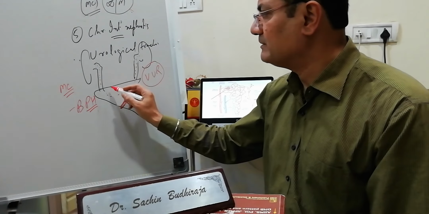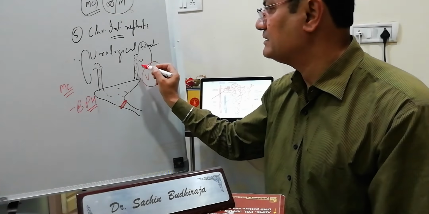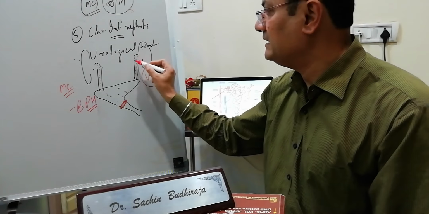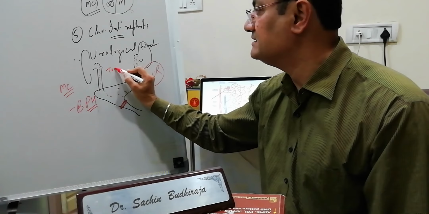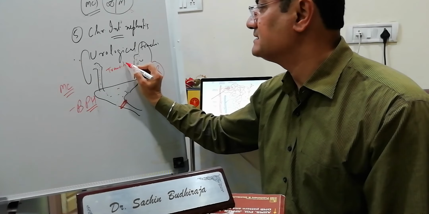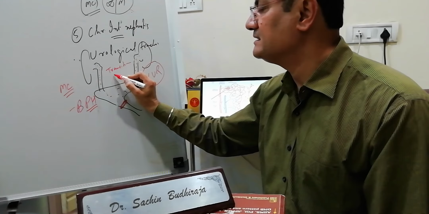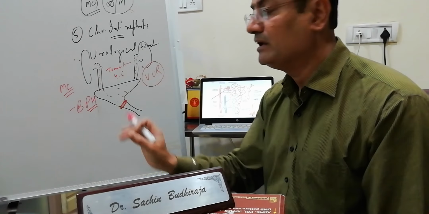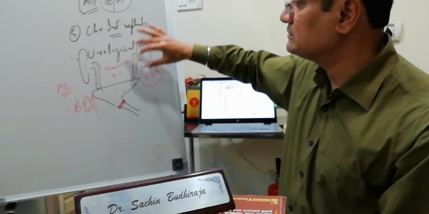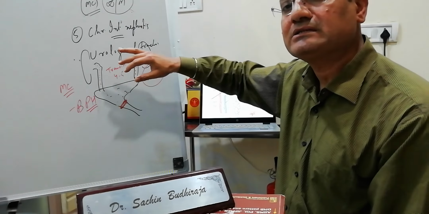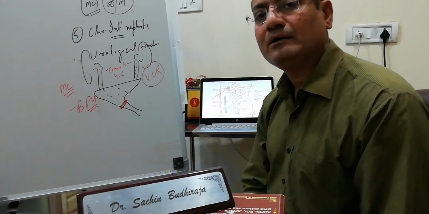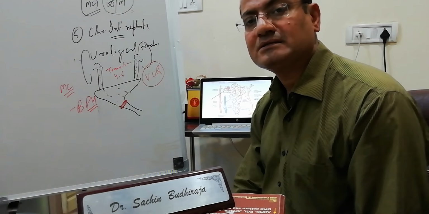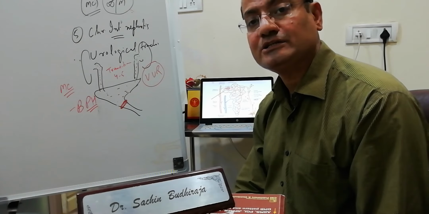Now, nothing happens to the bladder or the ureter or the pelvis, because these structures are lined by the transitional epithelium, and you all know that this epithelium has 4 or 5 epithelial layers, right? It is quite thick. But imagine if this urine is held back and allowed to stay in the delicate tubules.